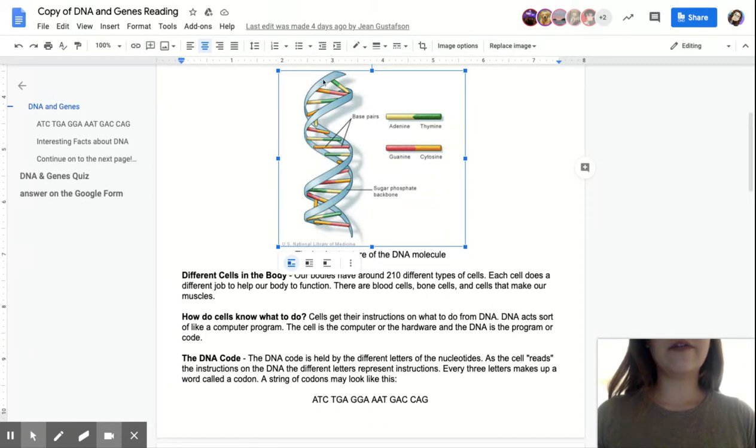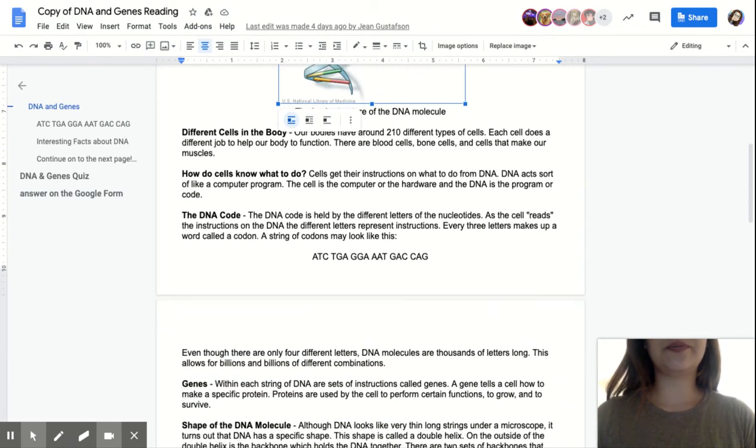These are made of phosphate, and in the middle are your nucleotides. And adenine goes with thymine, and guanine goes with cytosine. You can remember this by saying apple in a tree, car in a garage. Okay?